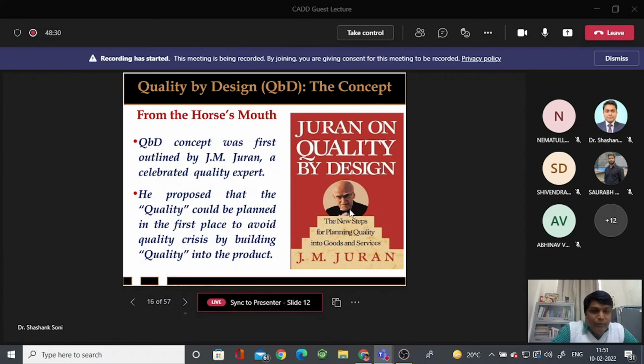We should first understand what quality is. The definition of quality has been given by dictionaries from time immemorial. People understand this word very beautifully, but it is J.M. Juran, a quality expert, who gave this idea of quality by design in his work on new steps for planning quality into goods and services.